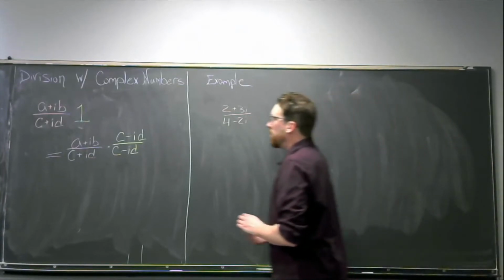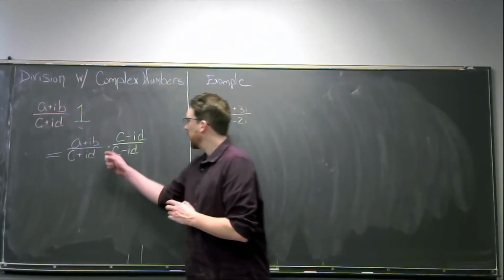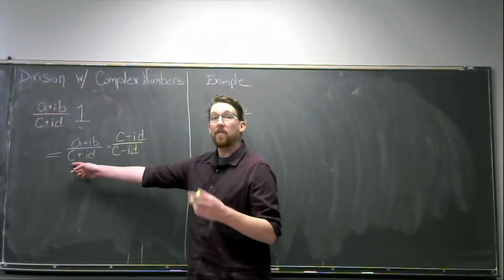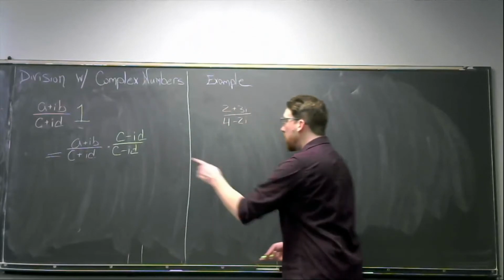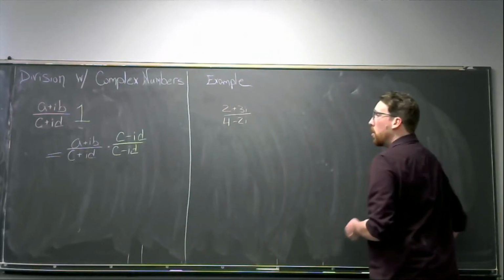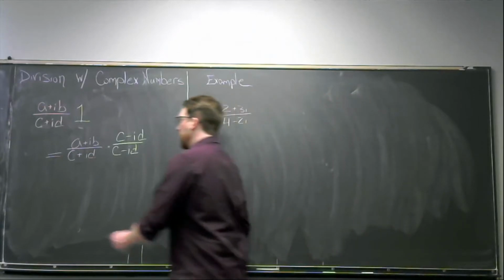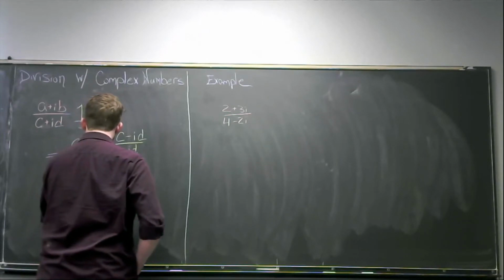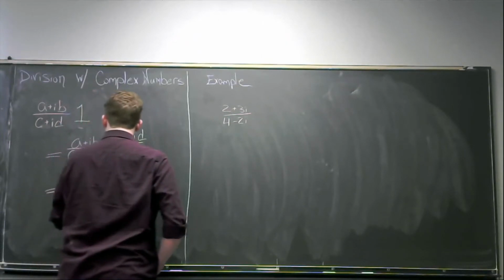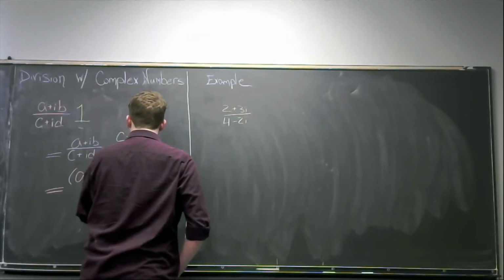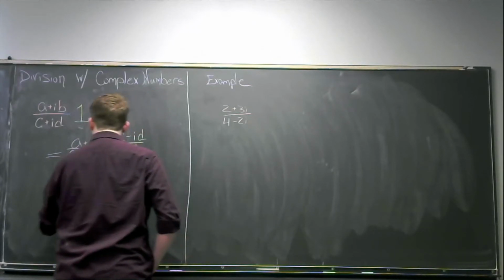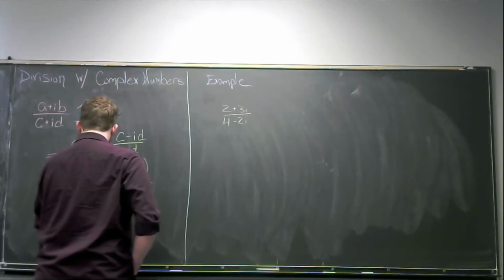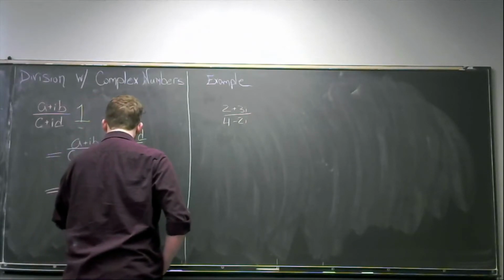And notice this 1 is now rewritten in terms of the complex conjugate of our original denominator. So when we go through all of this, we're going to get a new fraction, a plus ib, that quantity, times c minus id, all divided by c plus id multiplied by its complex conjugate.